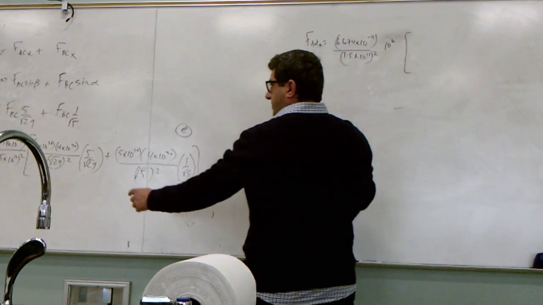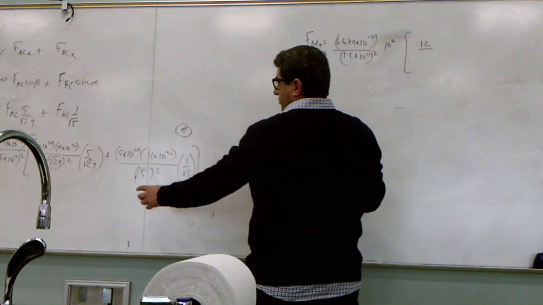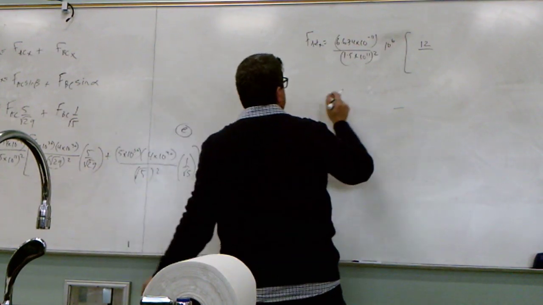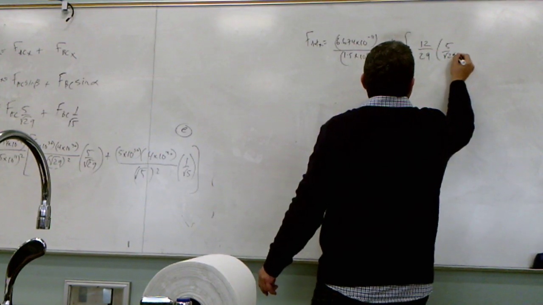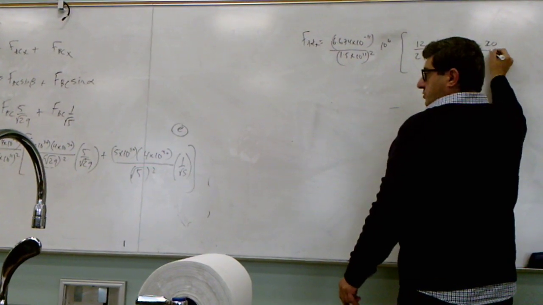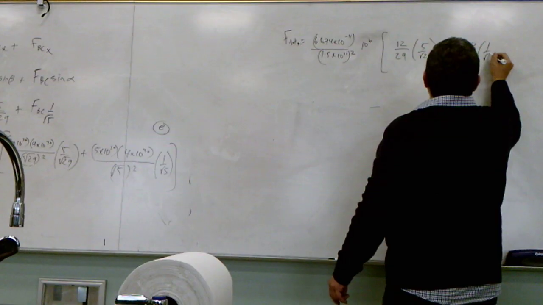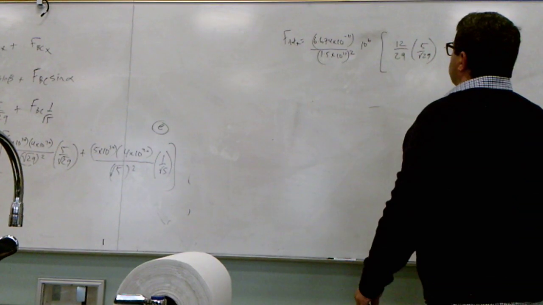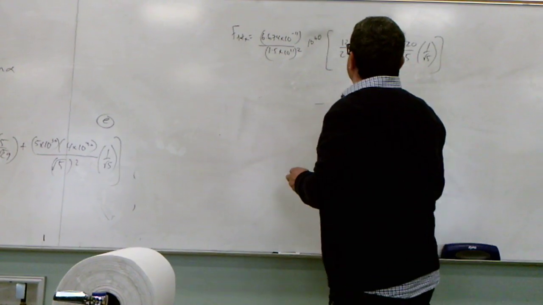Then I'm going to have here 3 times 4 is 12 over square root of 29 squared, which is 29, times 5 over root 29, plus 20 over square root of 5 squared, which is 5, 1 over root 5. And then this is 10 to the 60th.